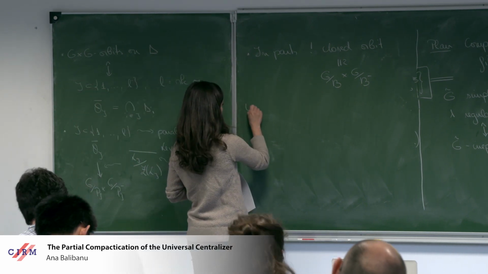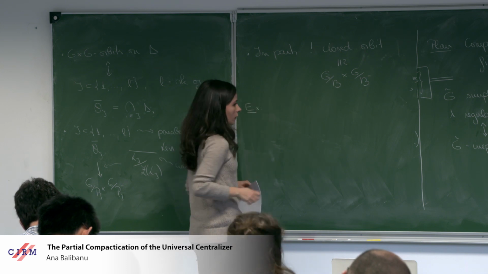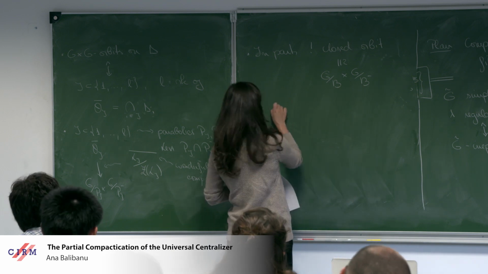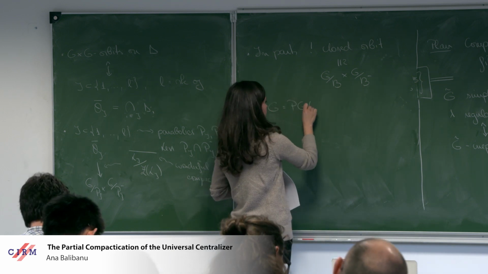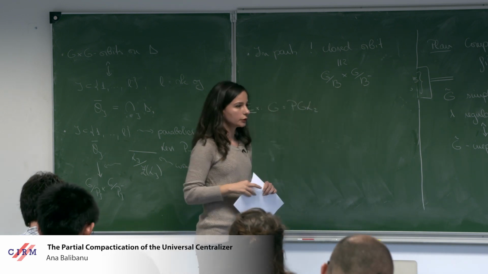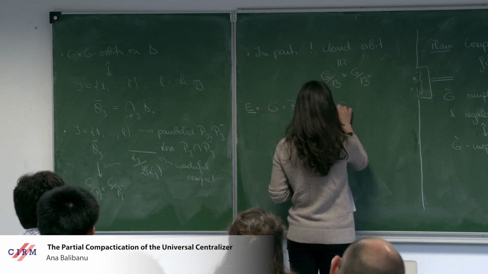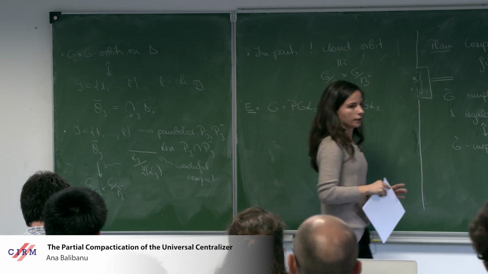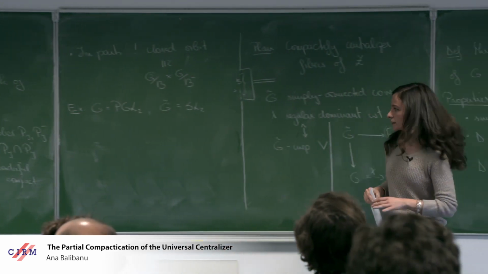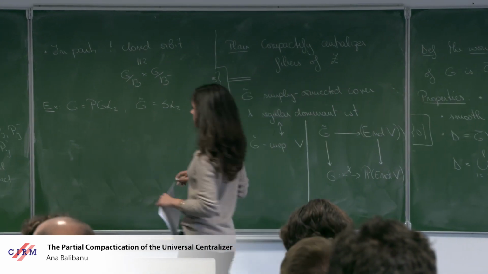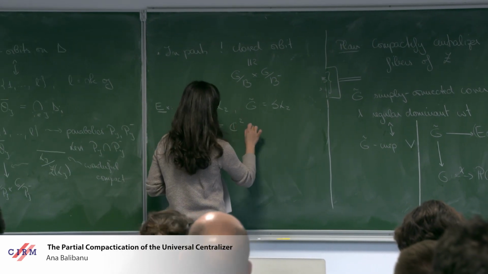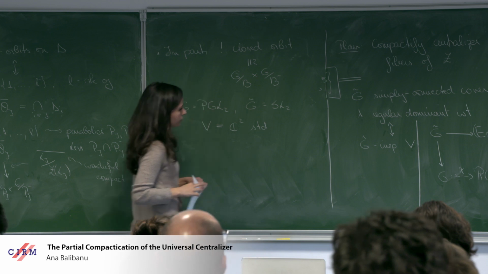So I'll give one very simple example before we move on. In the case where G is PGL2, its simply connected cover is SL2. And here all non-zero weights are regular, so I can choose the representation V to just be the standard representation.